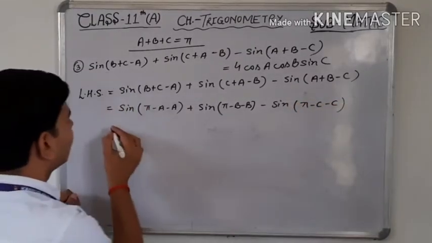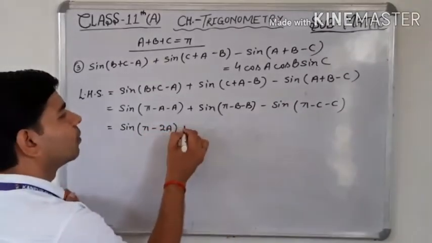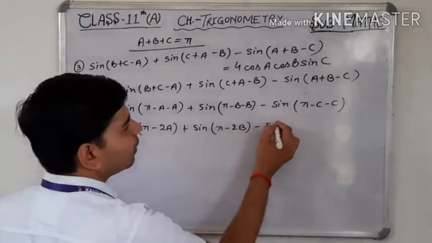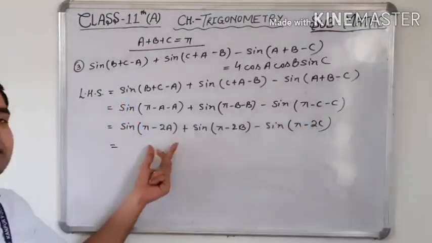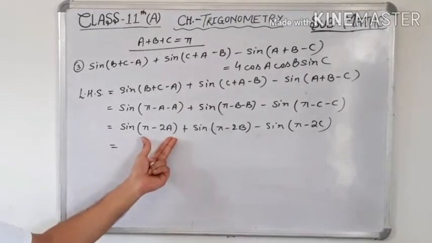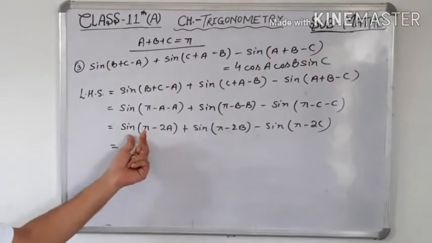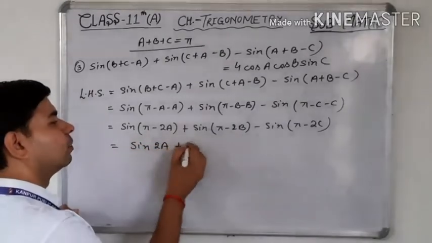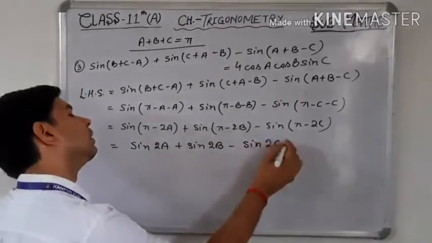This equals sin of pi minus 2a plus sin of pi minus 2b minus sin of pi minus 2c, and sin of pi minus theta is equal to sin theta. Pi minus theta lies in the second quadrant, where the sign of the function is positive. So this equals sin 2a plus sin 2b minus sin 2c.